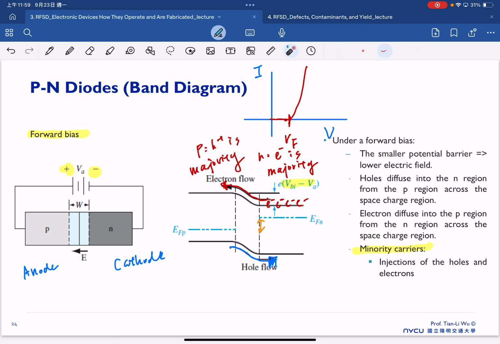So now in the P region, for sure, the majority is the hole. So that means electron is the minority in the P region. And then also in the N region, hole is the minority.